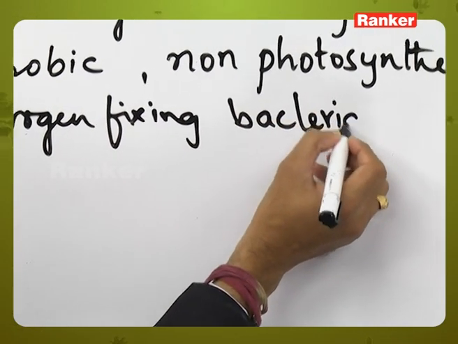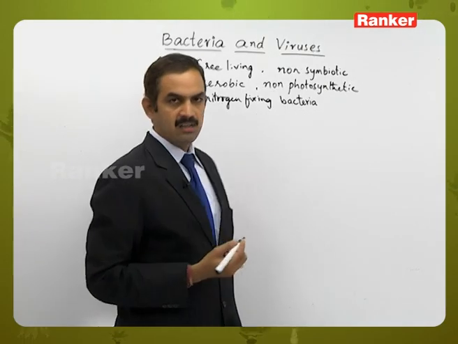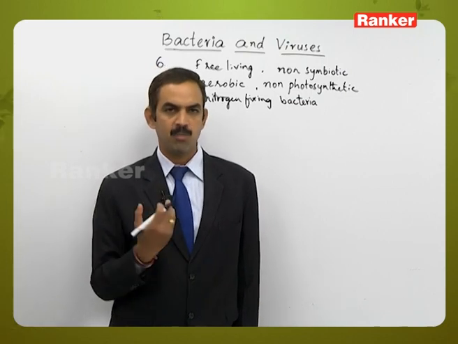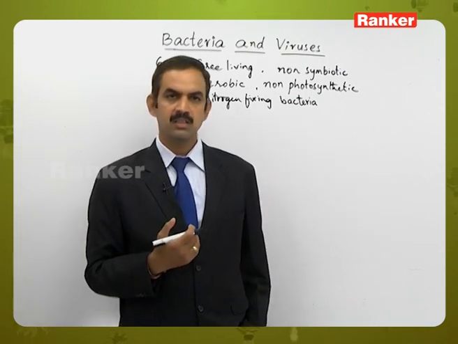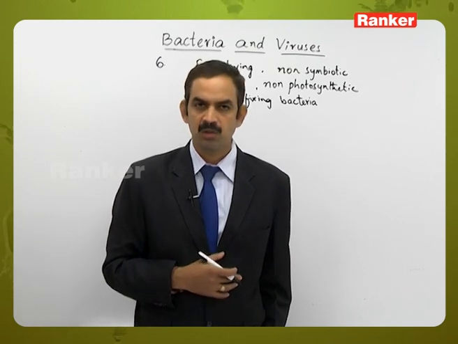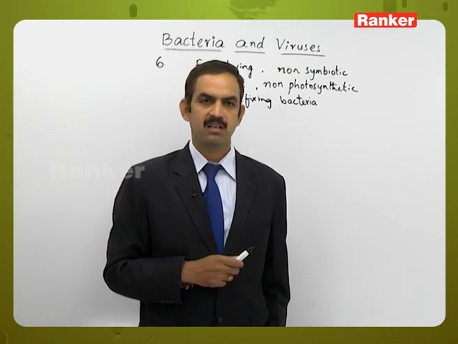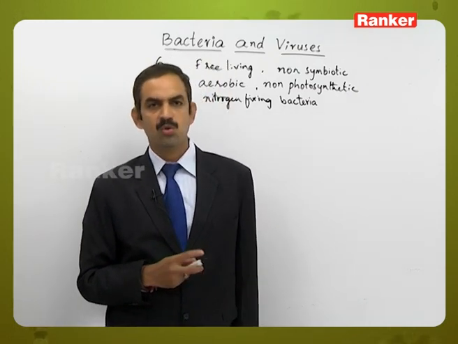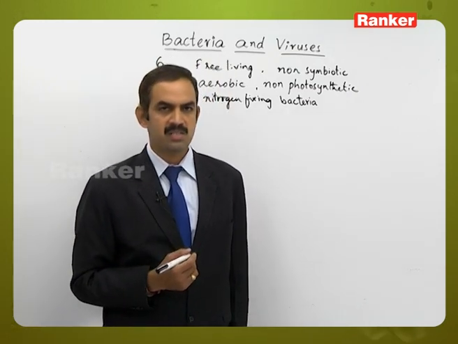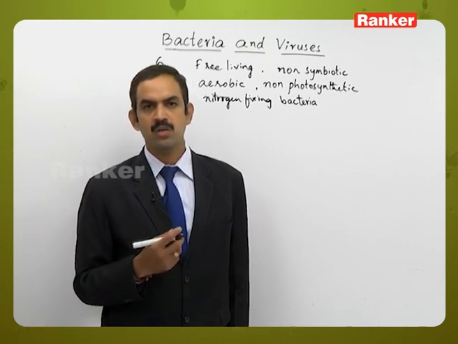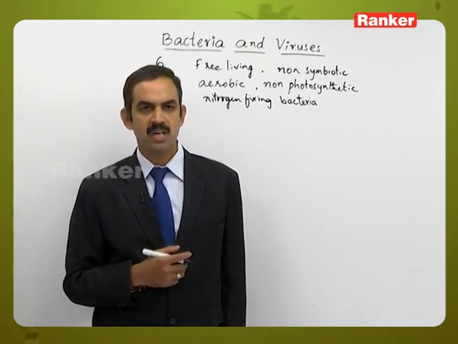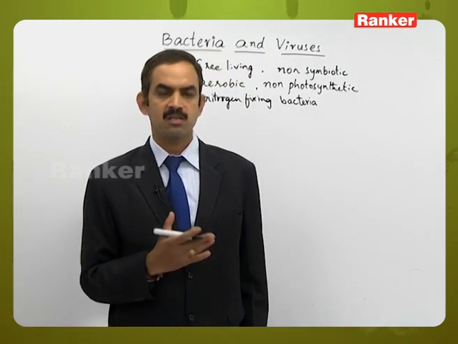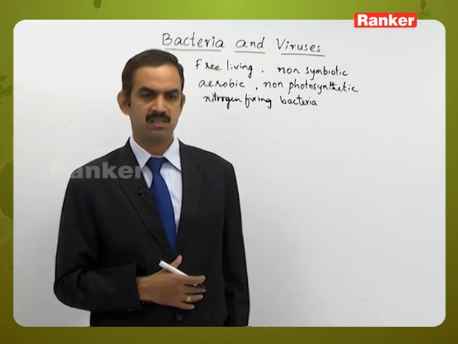Higher plants do not have the capacity of absorbing molecular nitrogen and converting it into a useful form, because for that function they require the nitrogenase enzyme. That enzyme is present only in lower organisms, like some cyanobacteria and some bacteria.